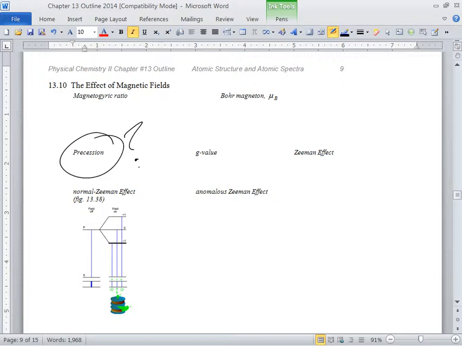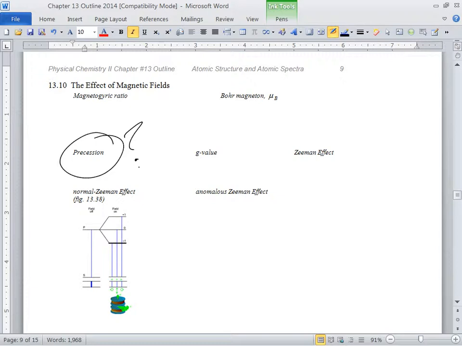So they'll all be precessing in the same direction. Then since energy is quantized, they can't precess at any angle they want. It's not like a bicycle wheel where I can have it precess at whatever angle I want. Not with small objects. So they can only precess in certain orientations. That means they're going to be different energy states.